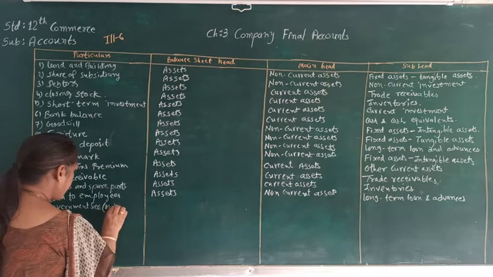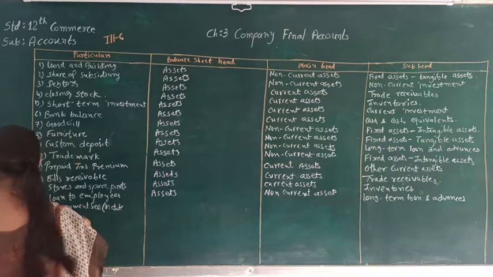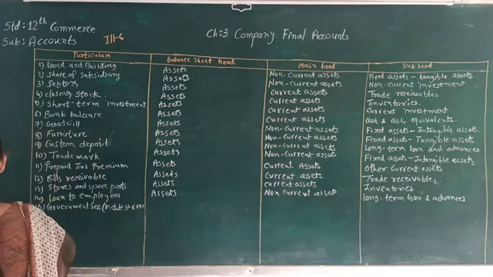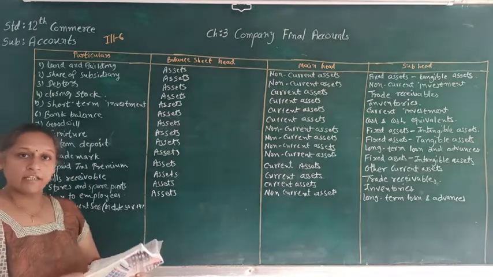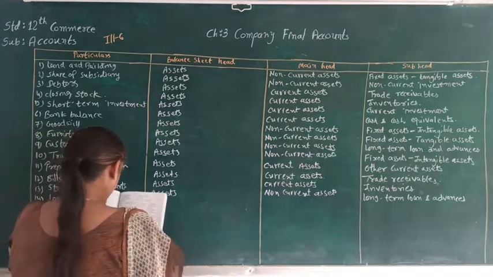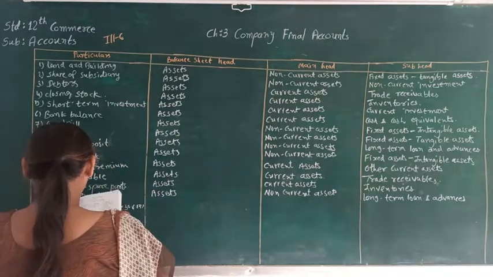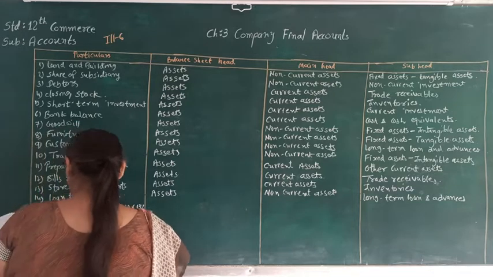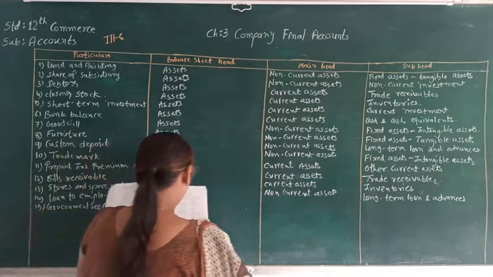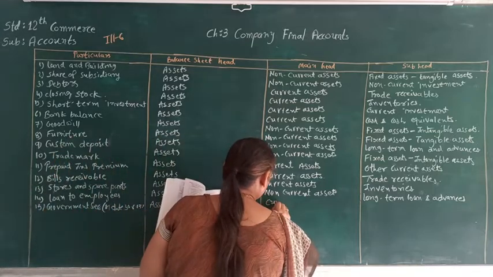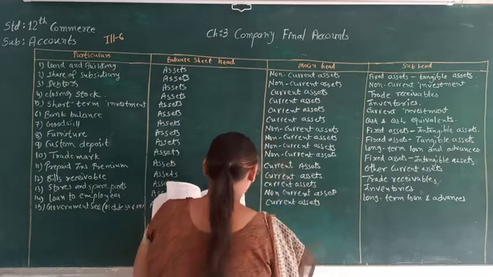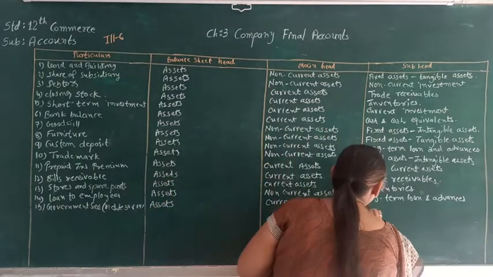Maturity date is given to us, and that is 3/6/17, and the date is nearby, and that's why it will be shown as a current asset, and current investment.